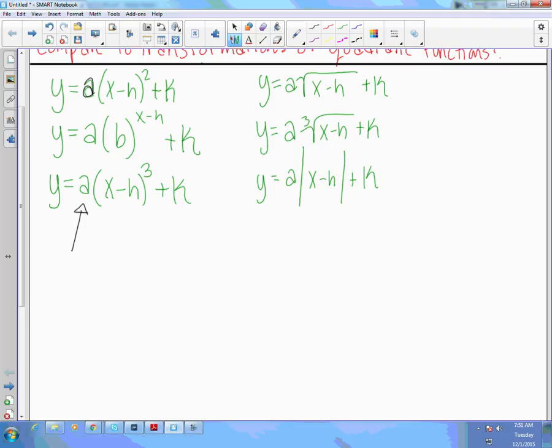When is it going to be concave down? When a is less than 0. So a less than 0 is a vertical reflection, flipping it upside down.